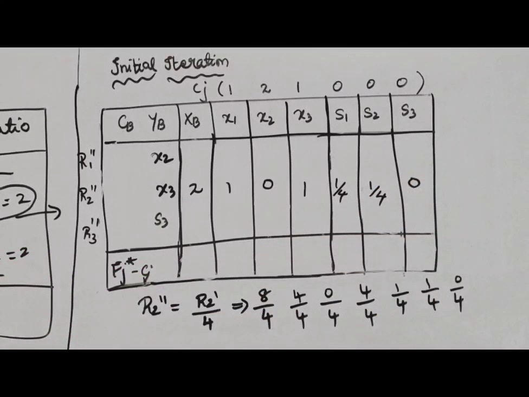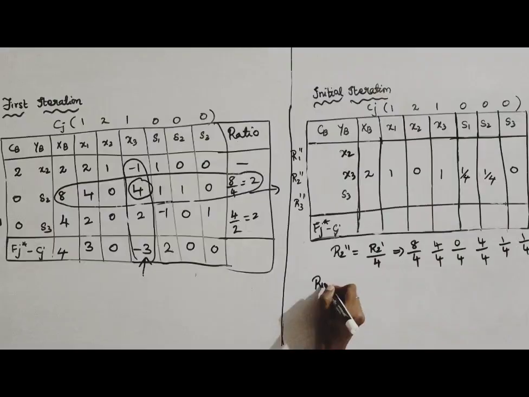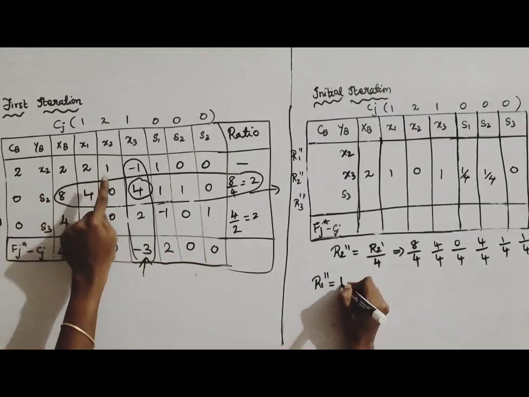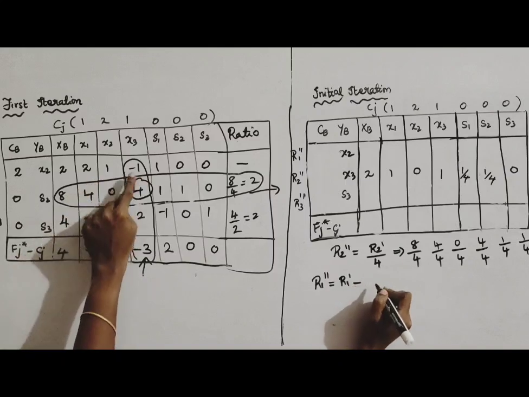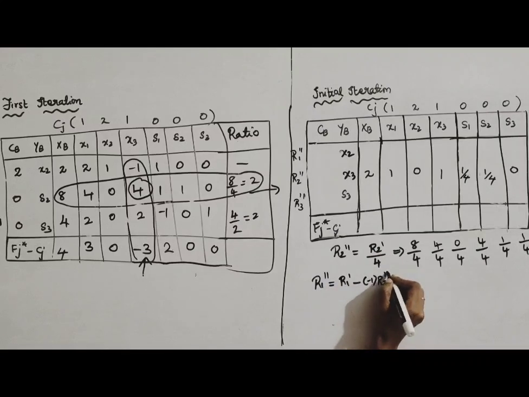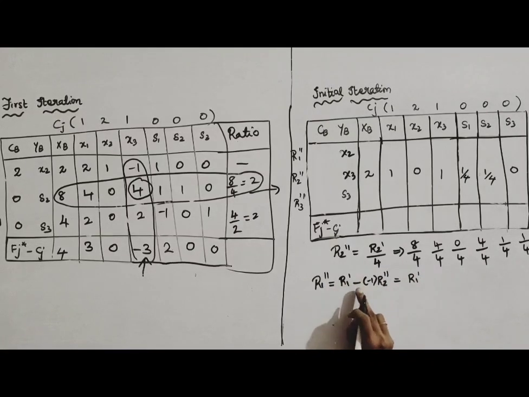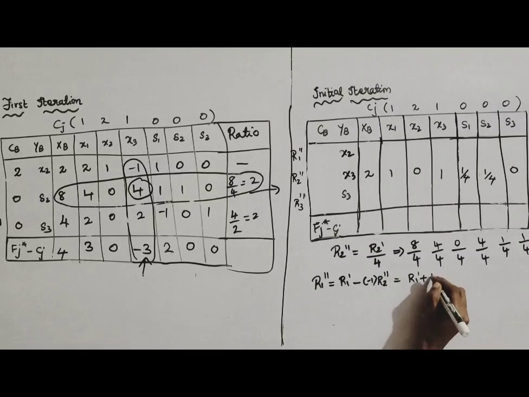Okay. Next you have to find the R1 double dash. R1 double dash is equal to R1 dash minus its corresponding column coefficient. What is that? Minus 1 into R2 double dash. This can be written as R1 dash minus into minus plus R2 double dash.